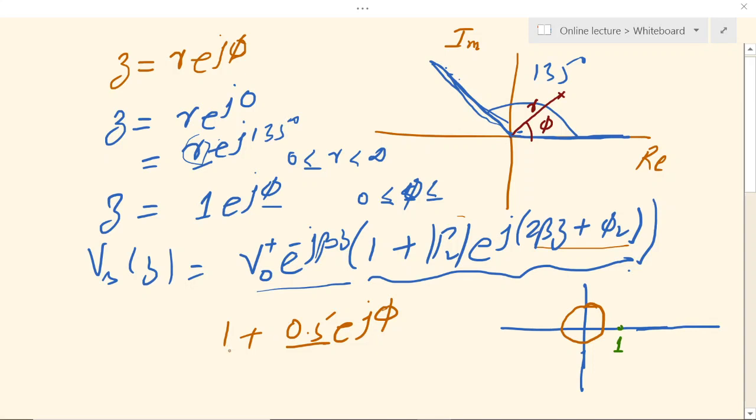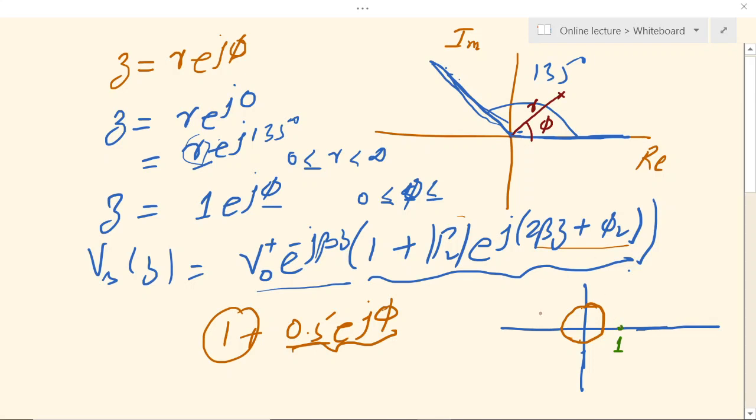Now when you add this one, the real part will be added, and also the imaginary part. Here you have only a real part, and here it will have real and imaginary parts. It means all the points which are mapped here will be shifted in the real domain. So now this circle will be shifted.